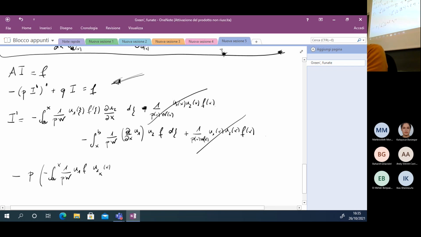And then I have minus the integral between x and b of 1 over p w u1(x) u2 f. This is I prime. And then all these things I have to calculate the derivative, plus qI equal to f.